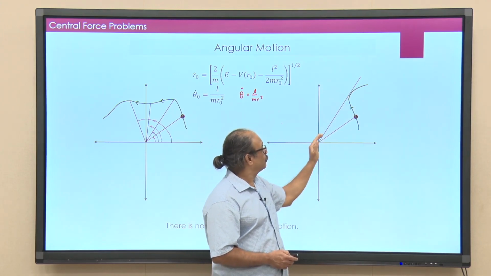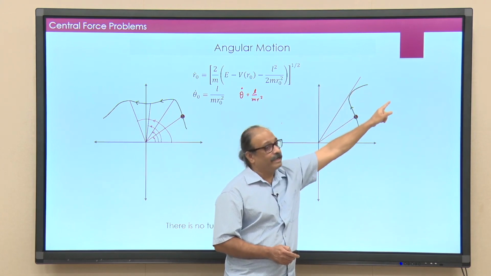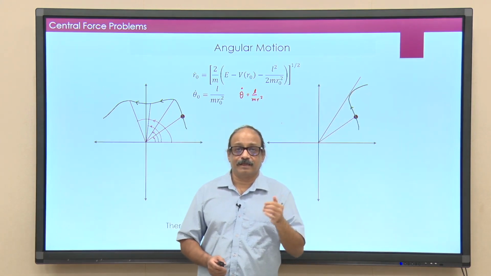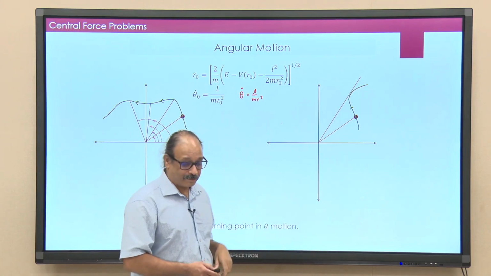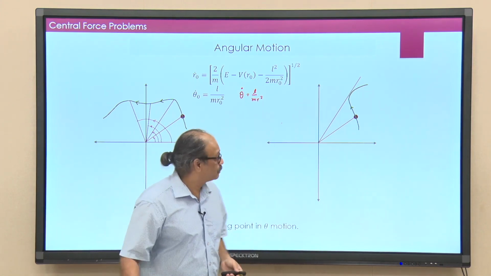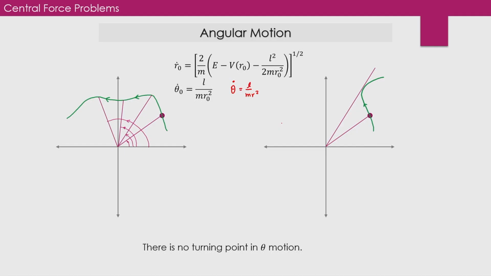Theta values go up to this max theta, and then theta value starts decreasing. That means theta dot must change its sign, but that is not possible because of this equation here. Okay. So, this is one piece of information that we already have.